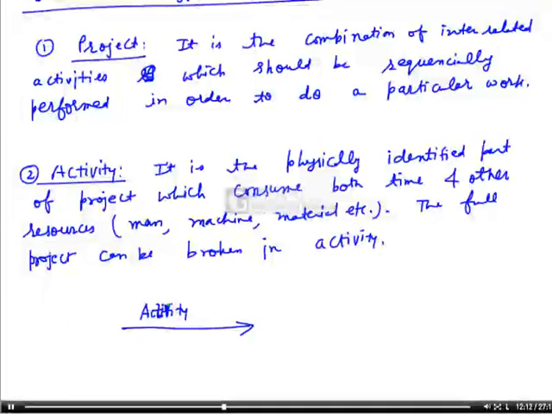This is activity. This is activity. And it is always labeled with a letter or number like A, B, C or 1, 2, 3, and the starting point is called the tail and the ending point is the head. So this is the starting point, this is called the tail. This is the ending point, this is called the head.